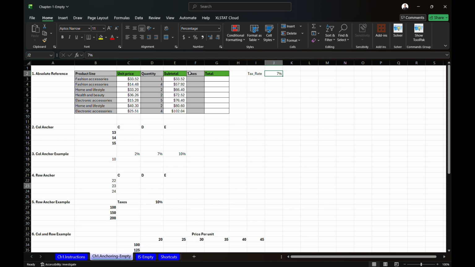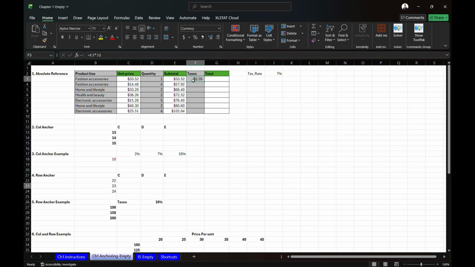So to do this, we're first going to go into cell F3 here, where we want to put in our calculation and type in equal sign. And then I'm going to use my arrow key to go to E3 for the subtotal, and then times. Then I'm going to use my arrows to go over to the tax rate of 7%, and then hit enter.